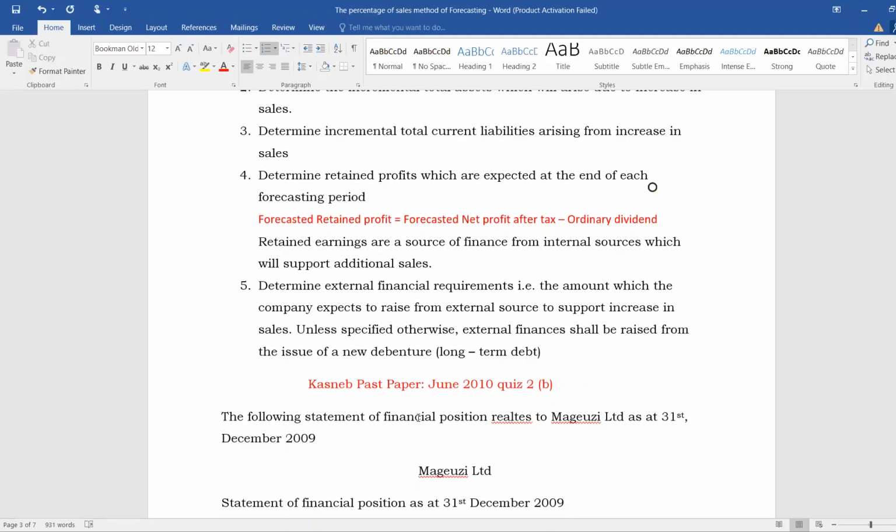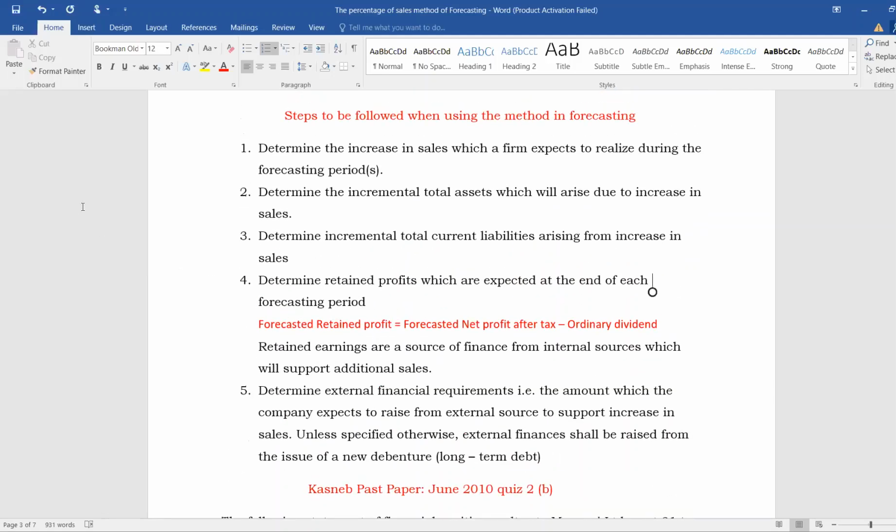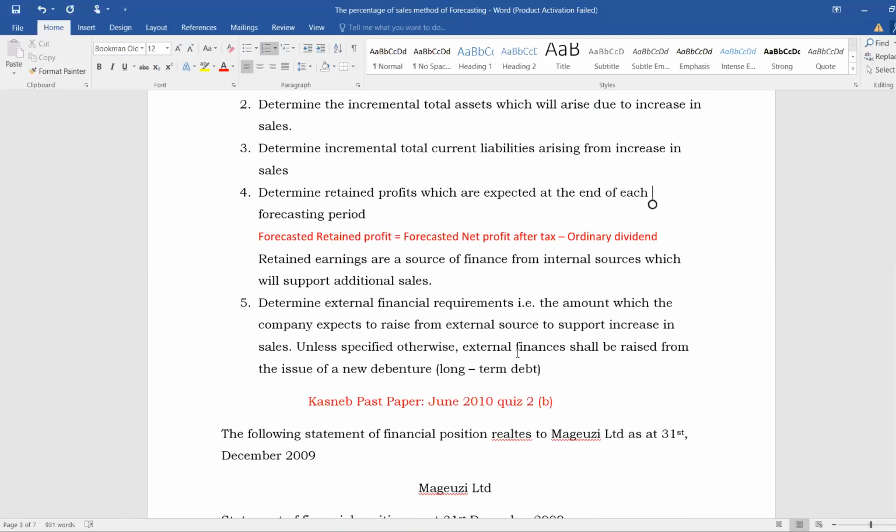Then, number 4, determine external financial requirements as the amount which a company expects to raise from external sources to support the increase in sales. If you check here keenly, once you've found the increase in assets, deduct increase in current liabilities, deduct retained earnings at the end of each forecasting period. Any shortfall that may arise is what will be raised from external sources through maybe long-term debt finance, or through the issue of a commercial paper, or through the issue of ordinary shares, and so forth.